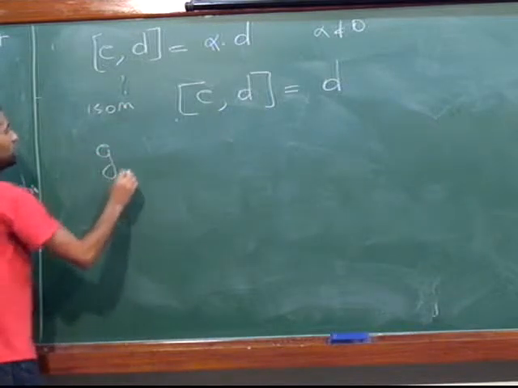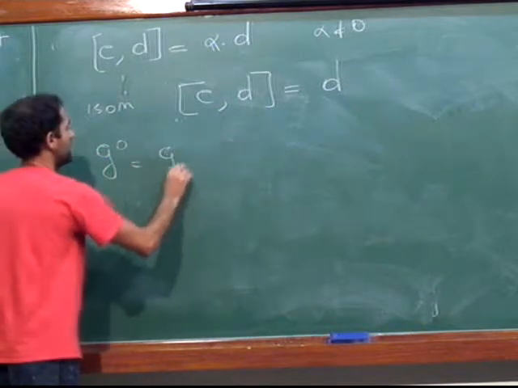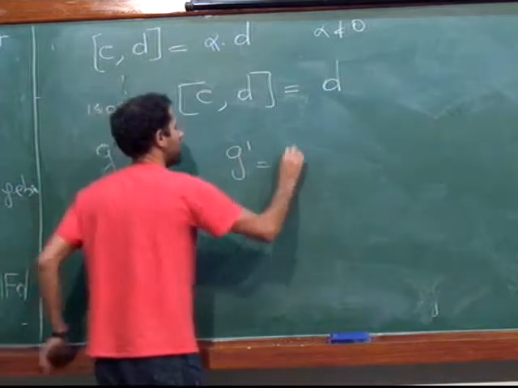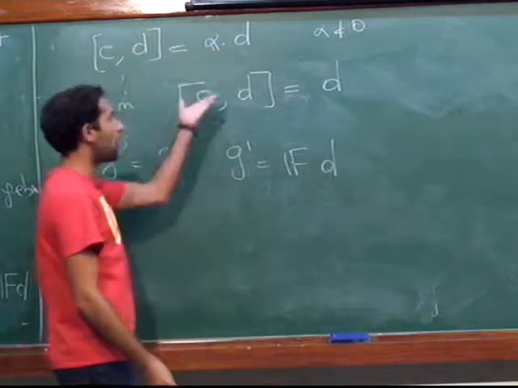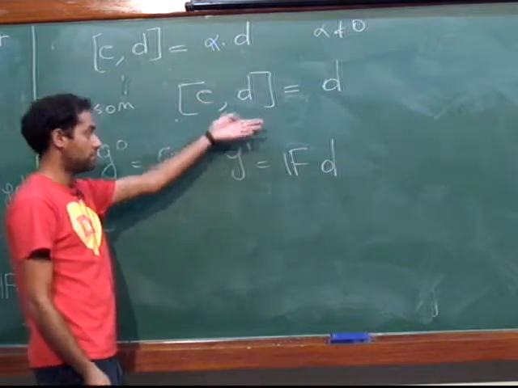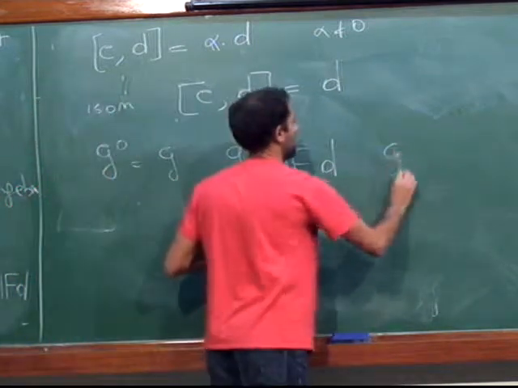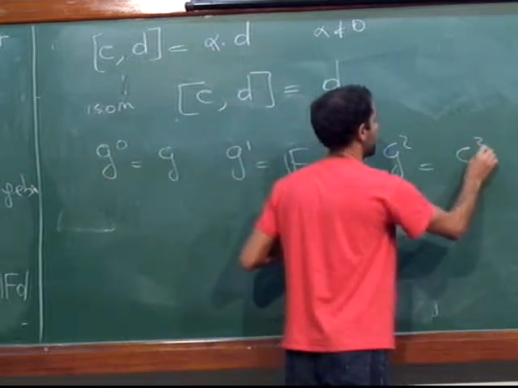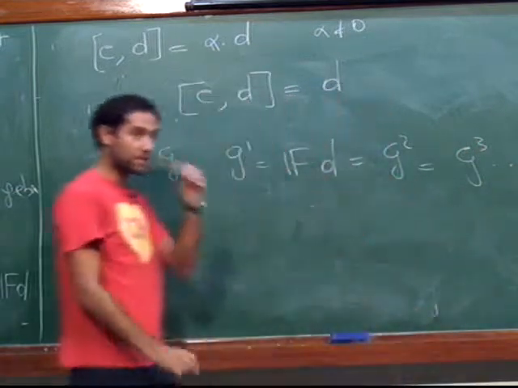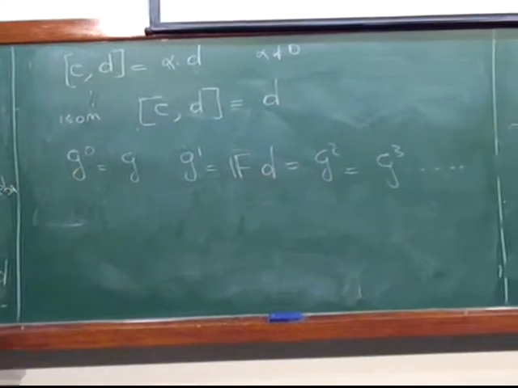So if we have G, G0 is just G, G1 is span D, G2 is I take the whole G and I take the bracket with G1, and it's the same thing. And it's the same thing, and this continues. This never stops.